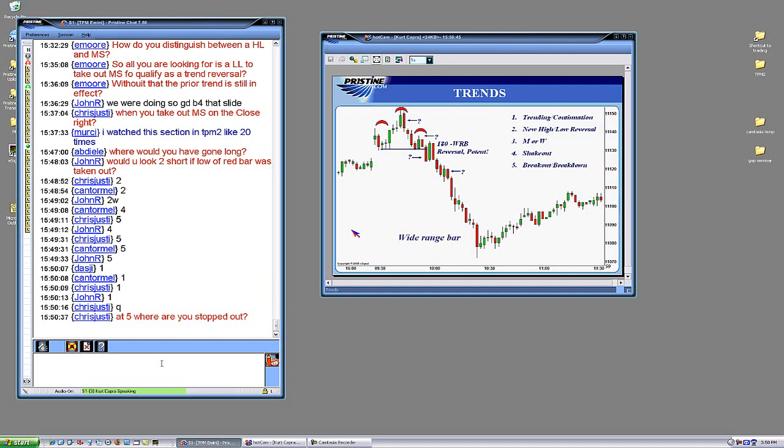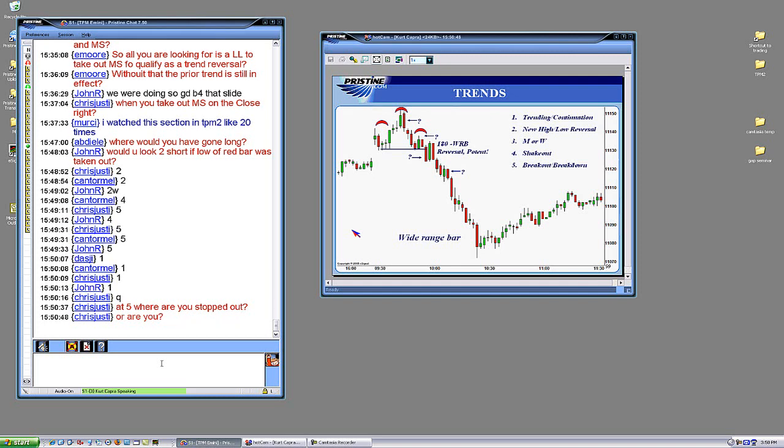At 5, are you stopped out? Well, that would depend on how tight a stop you keep. If I'm going to short this breakdown, personally, I probably would have been stopped out on this breakdown.